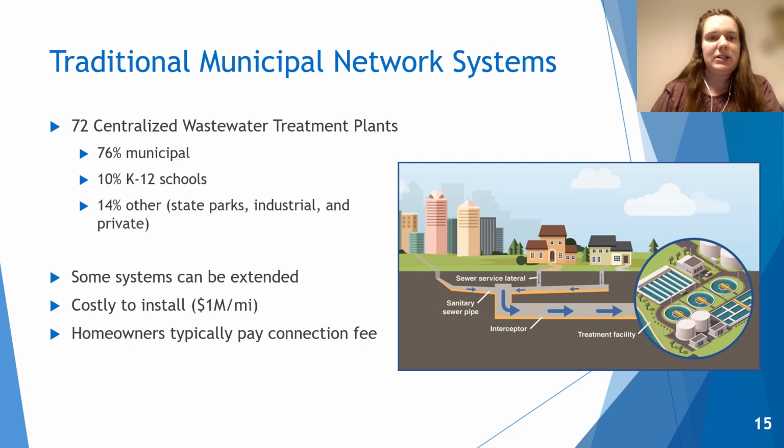Some of the systems can be extended, but it's costly to extend a municipal sewer, about $1 million per mile. And the homeowners typically have to pay the connection fee, which can be anywhere from $20,000 to $80,000.